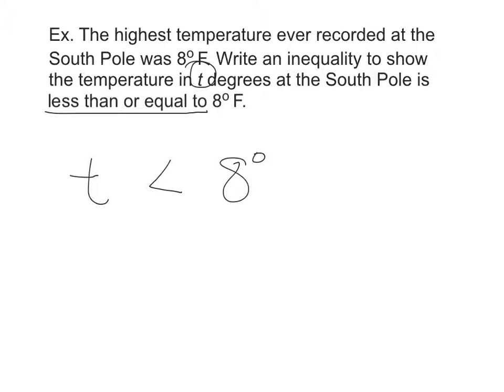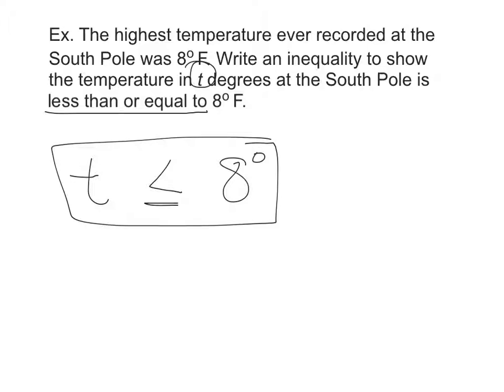Remember when we put that little line under it? It means that it could be 8, but it's not going to be bigger than 8. It's going to be less than 8 or equal to 8 degrees. So here's our inequality. T is less than or equal to 8 degrees. And that's all you got to do.